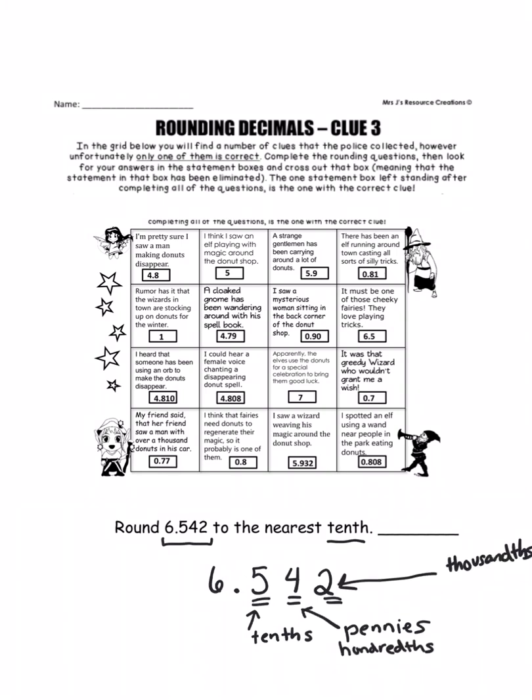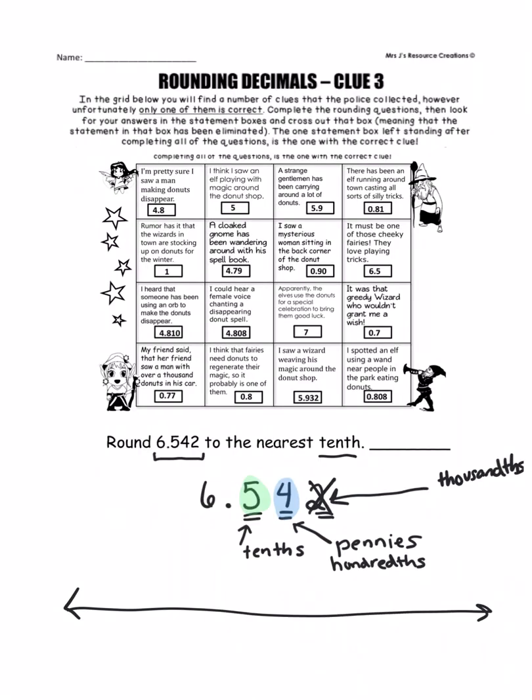So the digit in the hundredths place is the one we're going to use to help us round this number to the tenths place. The digit in the thousandths place, we can just ignore. We don't need that for now. When you're rounding a number to the nearest tenths place, you're essentially asking yourself, is this number closer to 6 5/10, or is it closer to 6 6/10?